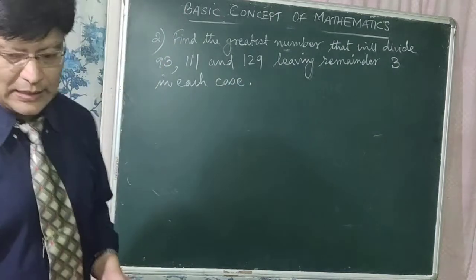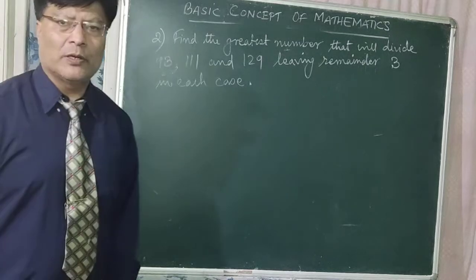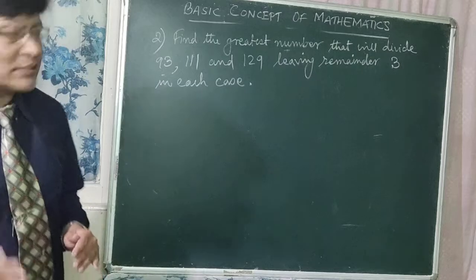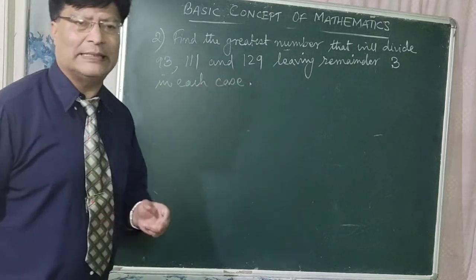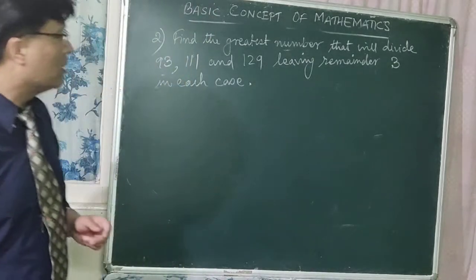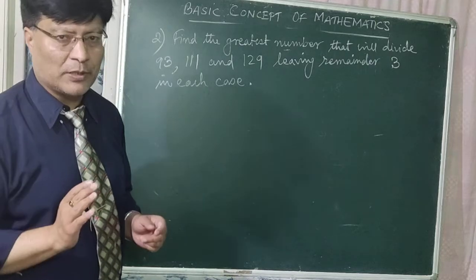Leaving remainder 3 in each case, right? So now you have to find out that greatest number, highest number, which will divide all these numbers 93, 111 and 129, leaving remainder 3 in each case.